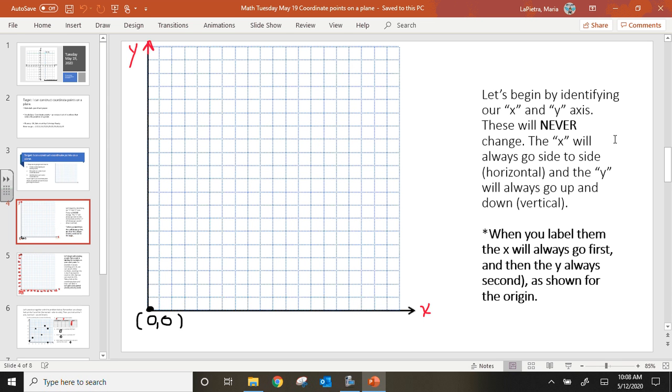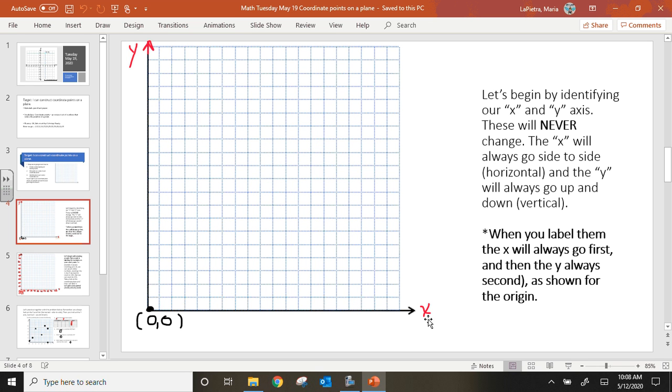So let's begin by identifying our x and our y axis. This is extremely important. Your x will always come first when you list your coordinate points as a pair or a set. The x is side to side, horizontal, and your y is always vertically up and down.